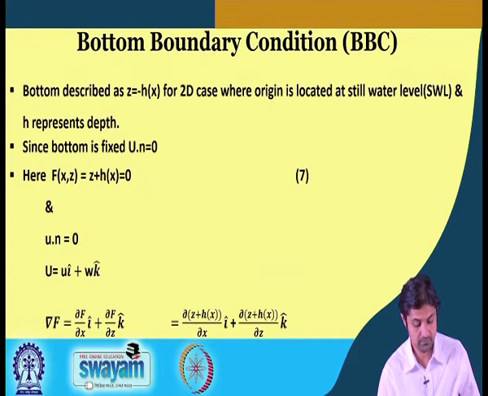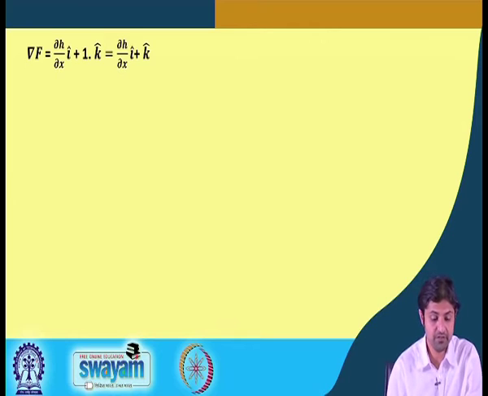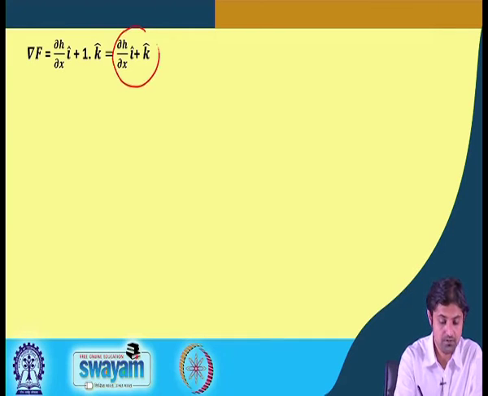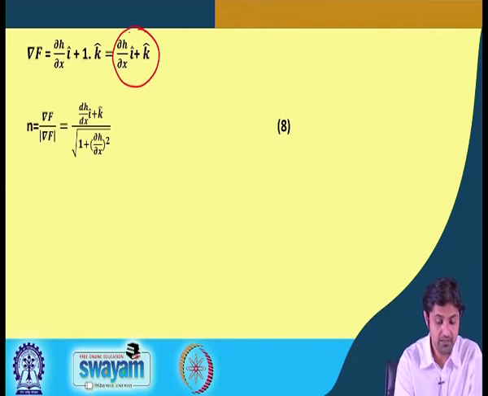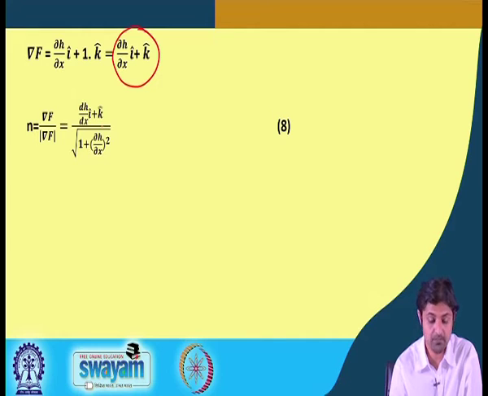So, delta f will be del h del x i cap plus k cap. So, n will be delta f divided by modulus of delta f. So, we will get dh dx i cap plus k divided by square root of 1 plus dh dx whole square, simple mathematics.